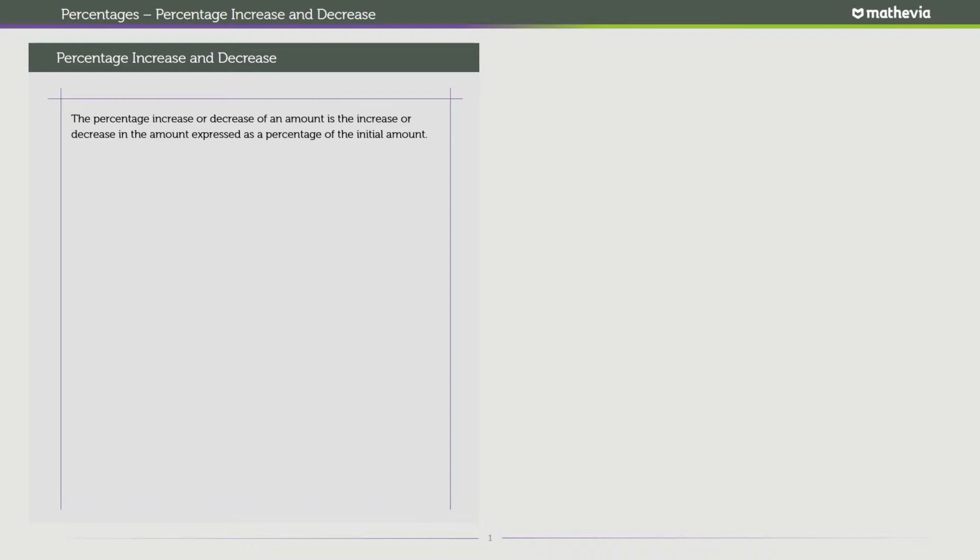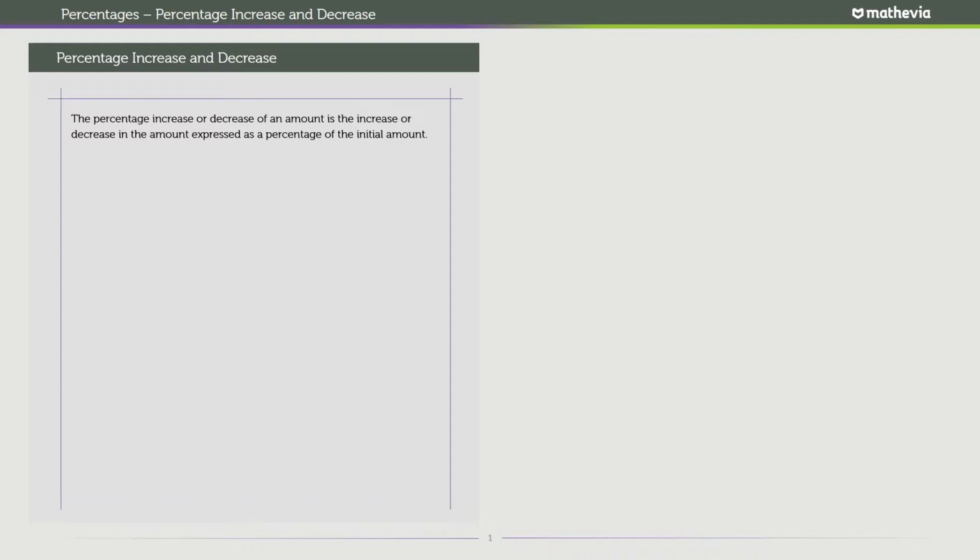If you have a certain item on discount, and they're giving 20% off, they decrease the price of that item by 20%. That reduction in price is 20% of the original price of that item. So the change in the value of that item is expressed as a percentage of the original amount.